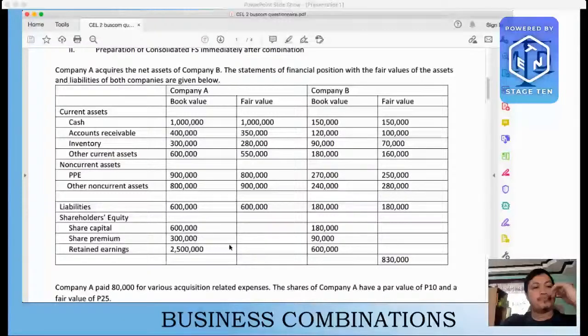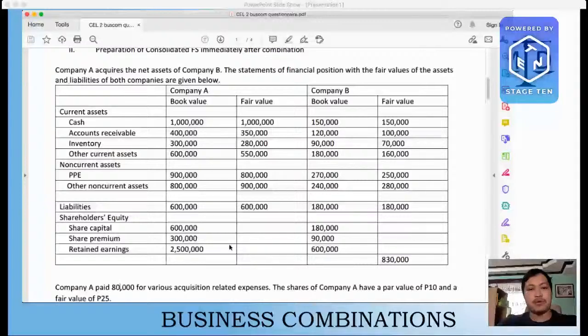Let's answer combined or consolidated accounts receivable. This should not be very difficult, class. All you have to do is to combine the assets and liabilities of the acquirer and acquiree. How much accounts receivable does the acquirer have? Company A has accounts receivable in the amount of 400,000.